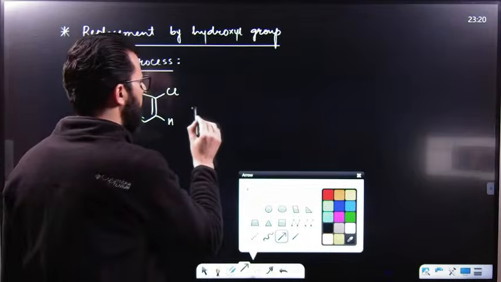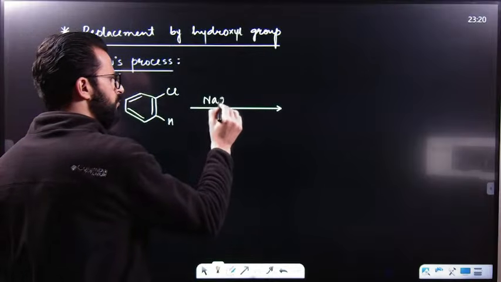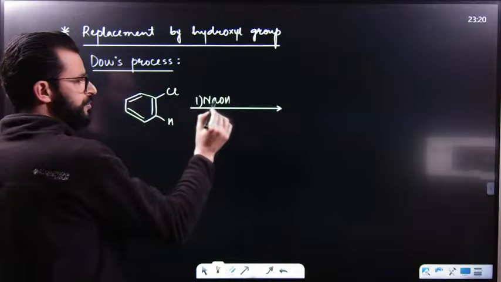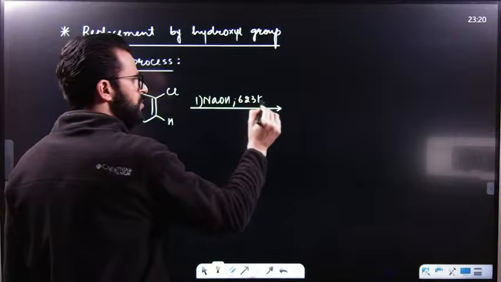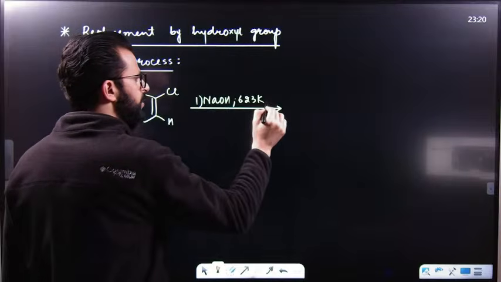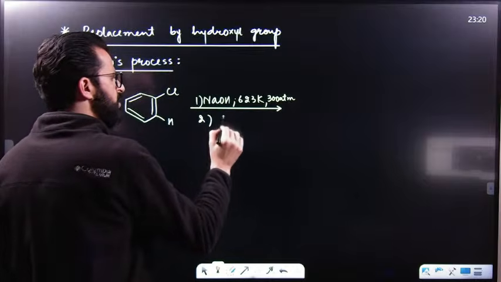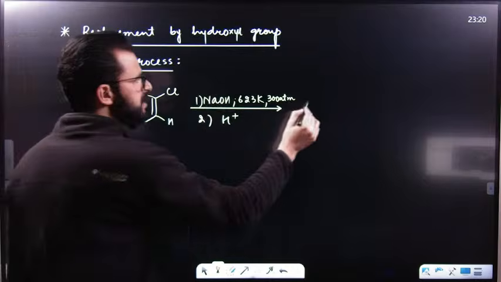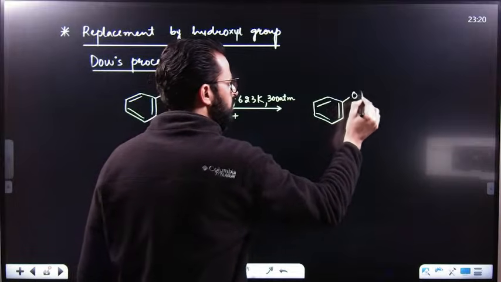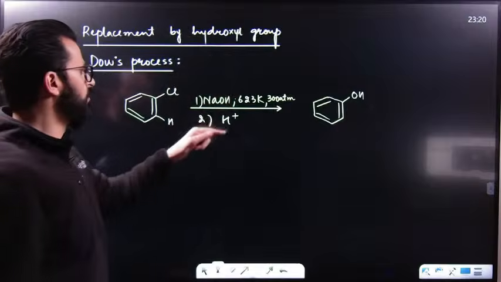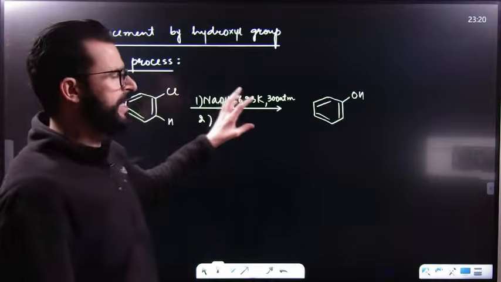Simply, we take NaOH, a nucleophilic substitution reaction, but under drastic conditions, 623 Kelvin and 300 atmospheric pressure, followed by acidification. Then this Cl will be replaced, the nucleophile will come to this place, and the product will be phenol. So this is known as Dow's process.